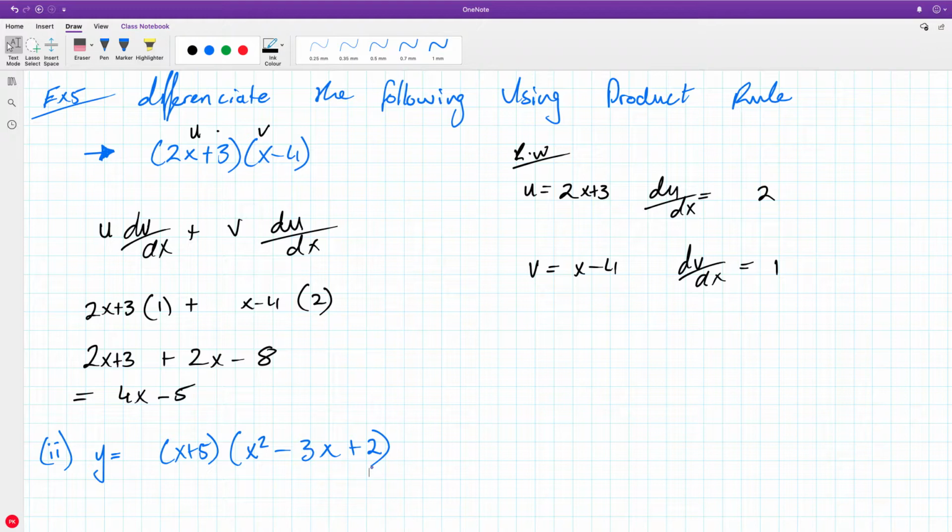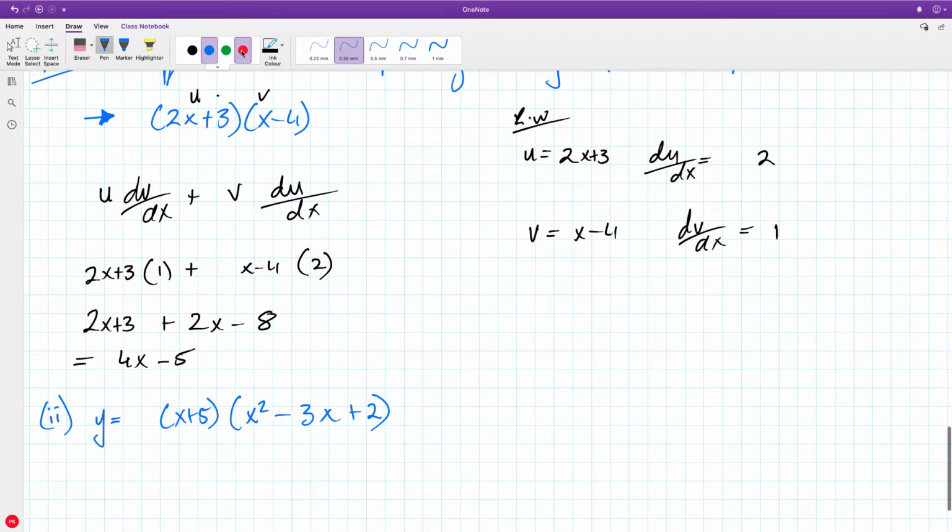So, 3x squared plus 4x minus 13. u by v again.